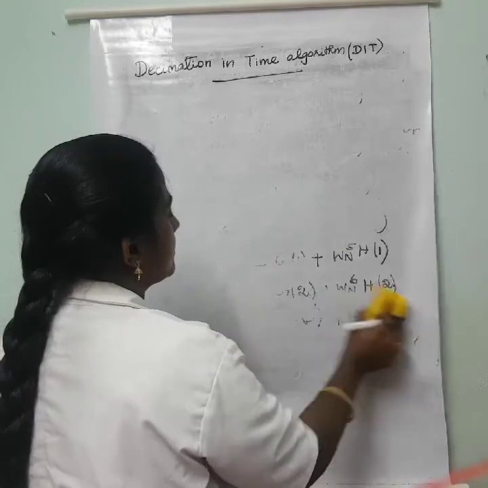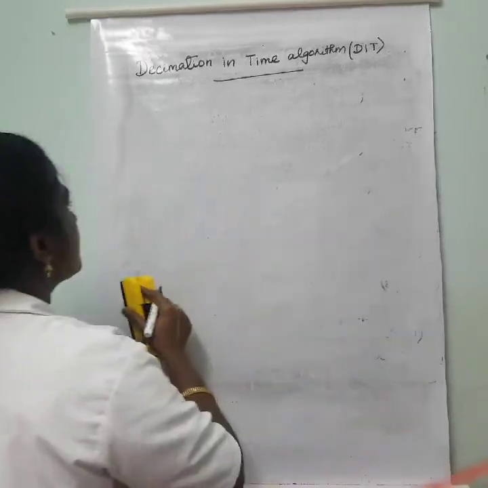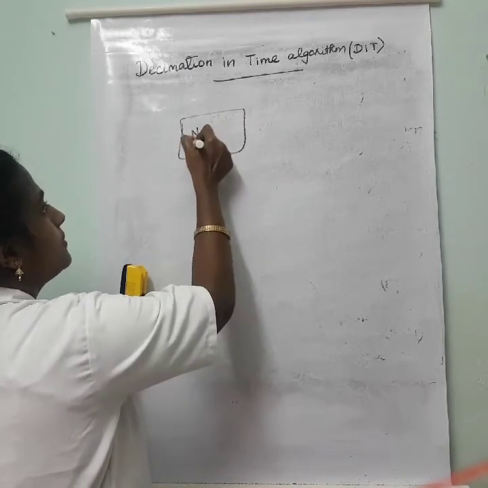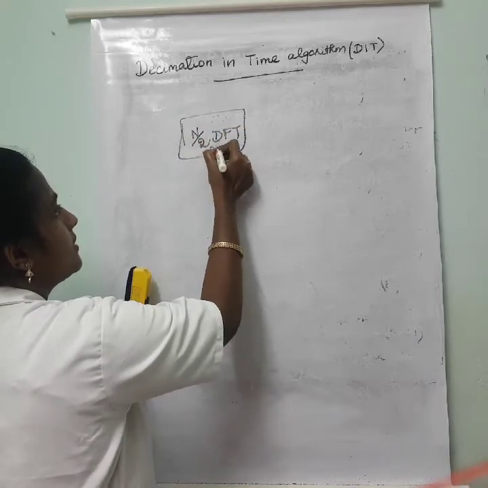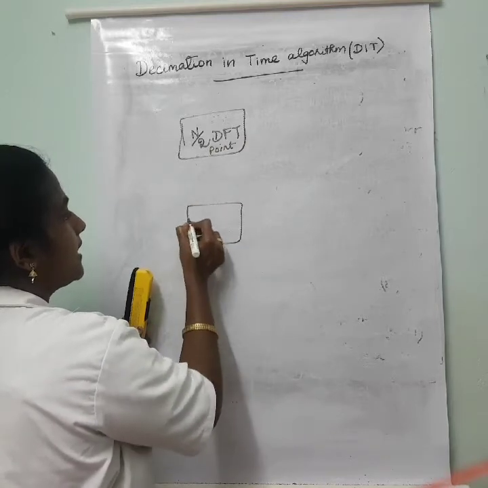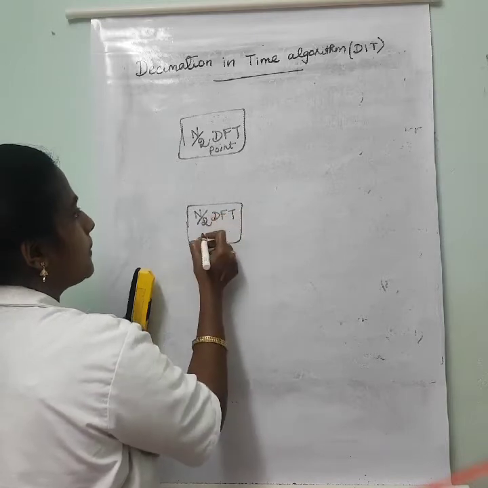This first stage of the butterfly diagram consists of two parts. The first one is n by 2 DFT point. The second one also, we have split already, so in the diagram also we have to split the DFT point.